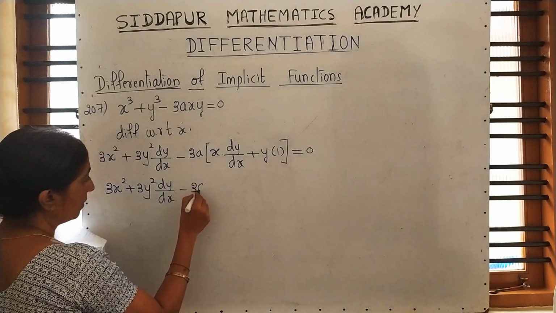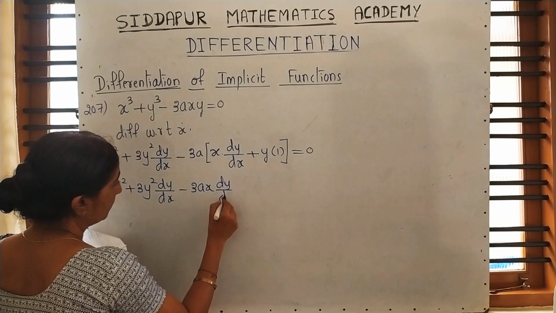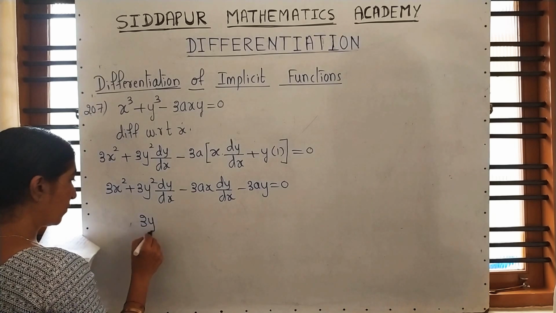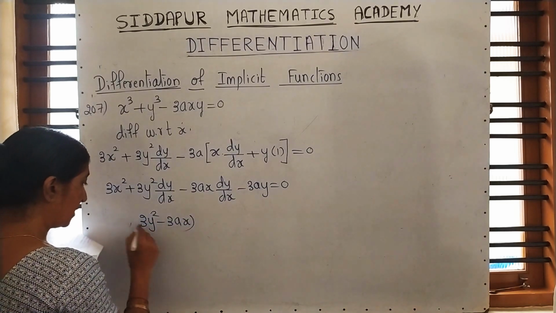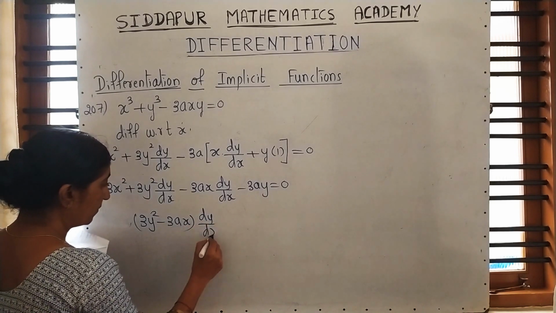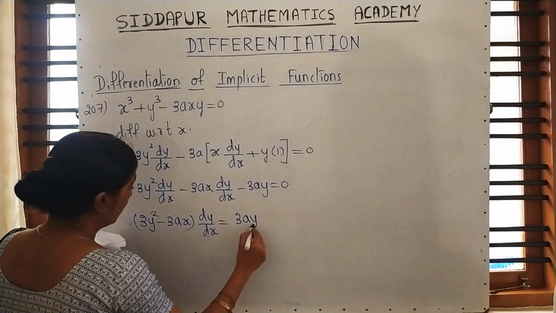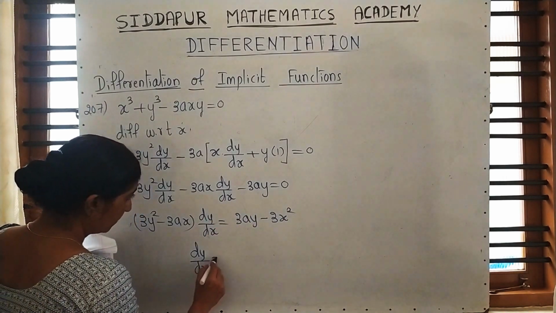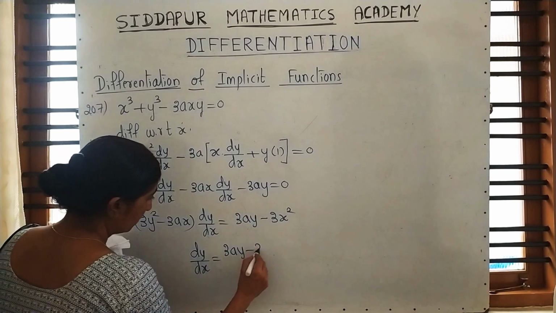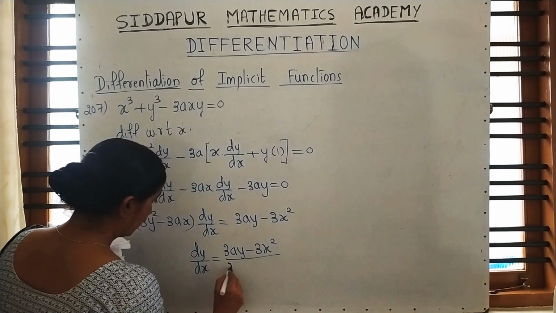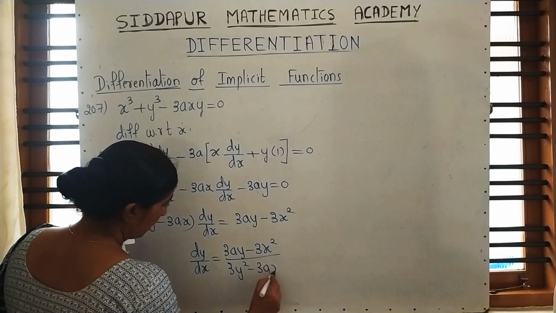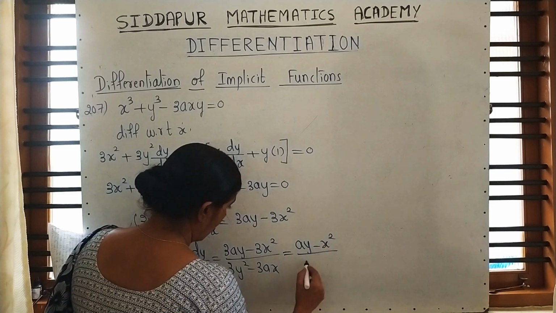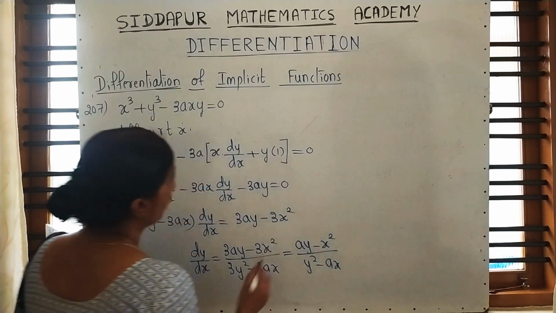Take 3 minus 3a inside the bracket. The terms with dy upon dx on one side, taking dy upon dx common, without dy upon dx on the right side. And 3 is common in both the numerator and denominator. Take it common and it cancels.